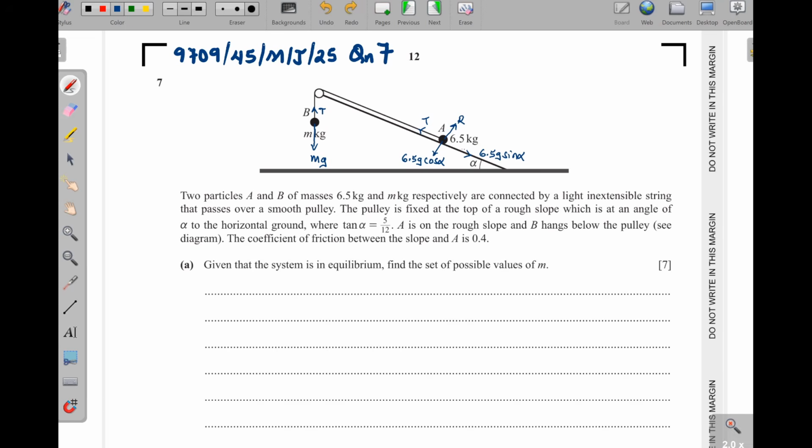So we shall therefore consider the mu R, because this is a rough plane. Mu R moving this way or this way.